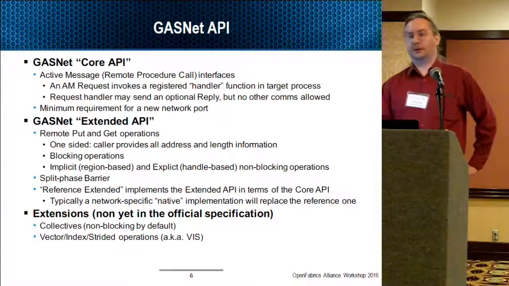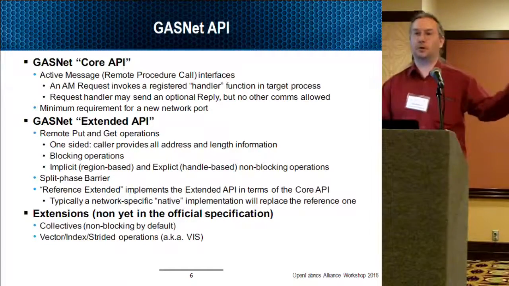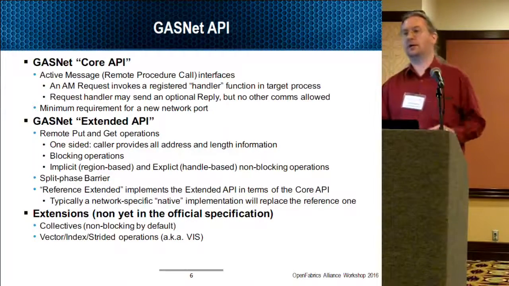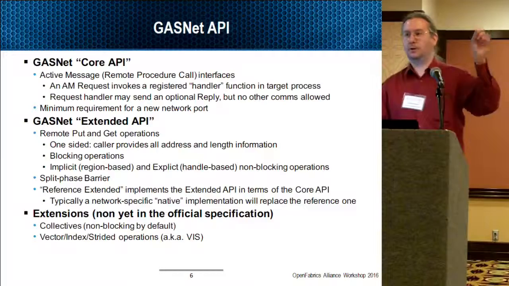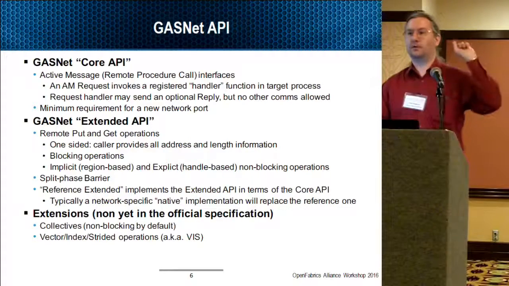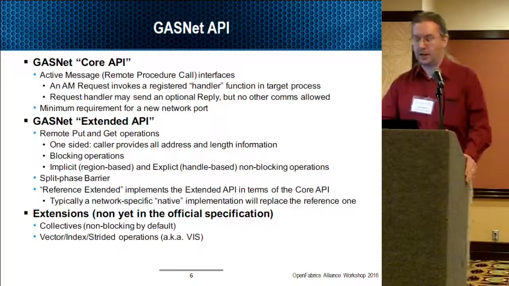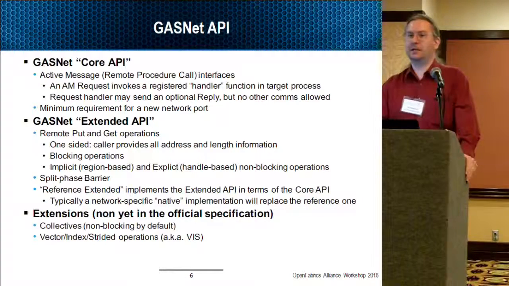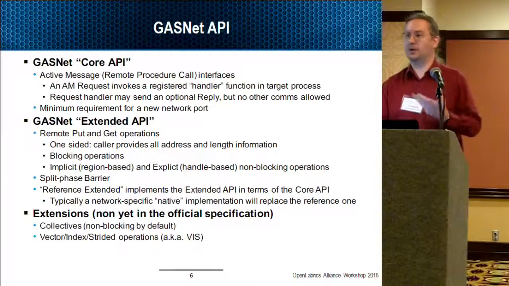We have implicit and explicit handle-based non-blocking operations. So explicit handle is I call a non-blocking put and give you a handle and use that handle to poll or block for completion. And region-based implicit, basically you can do put, and a sync call that waits for all those puts that preceded it since the last sync, or you can actually define regions where you say begin region, put, get, end, and that end returns a handle that you can then sync or wait on.